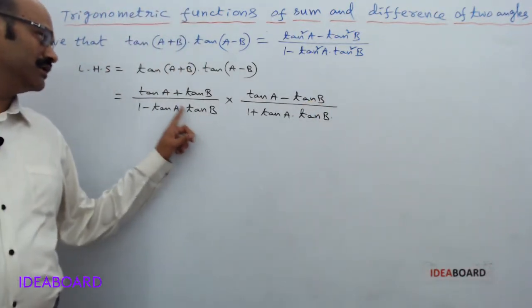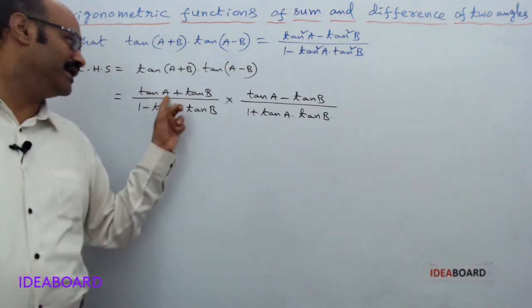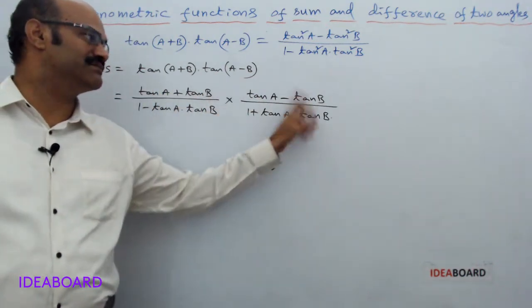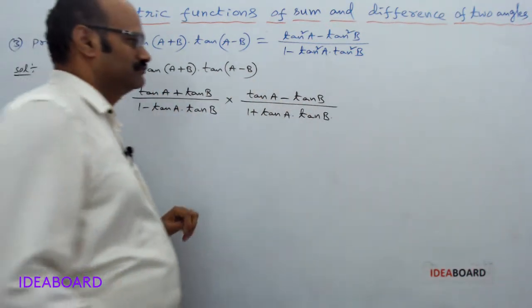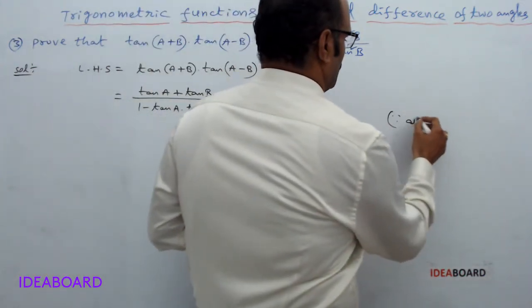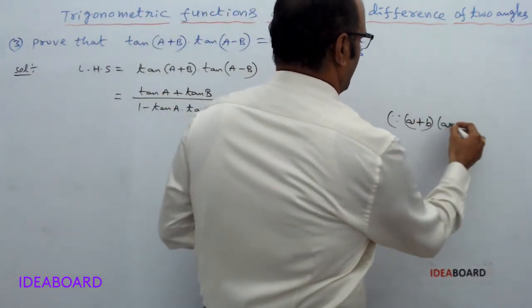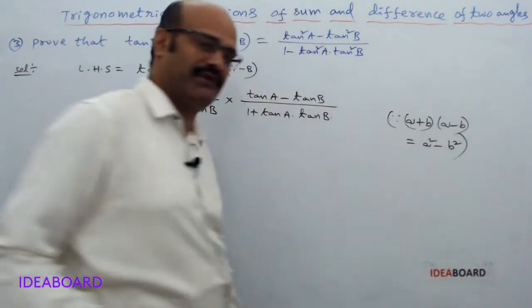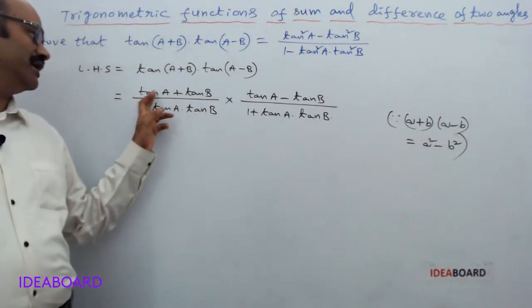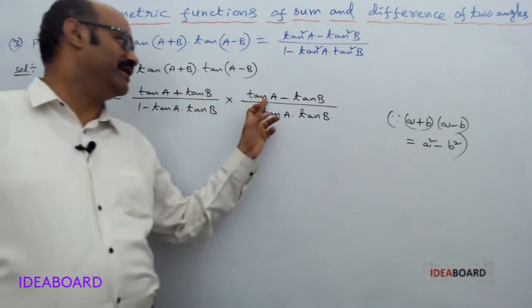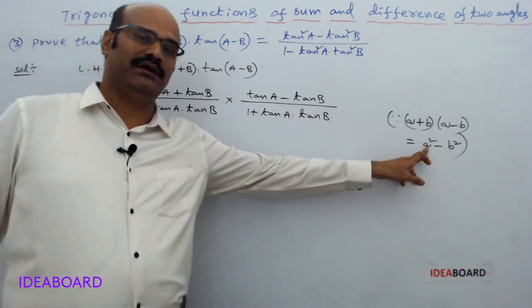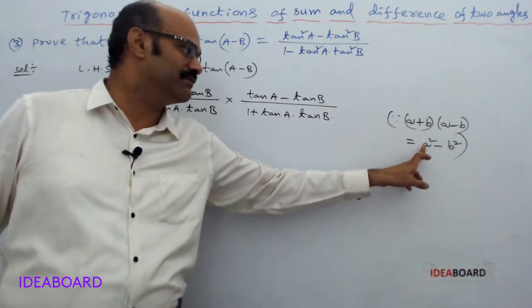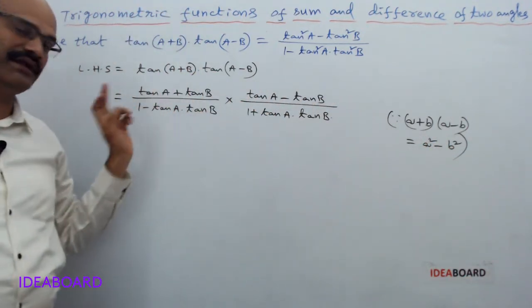Now, in the numerator it is in the form of a plus b into a minus b. The formula is a square minus b square. So a plus b into a minus b equals a square minus b square. Here in place of a we have tan a.